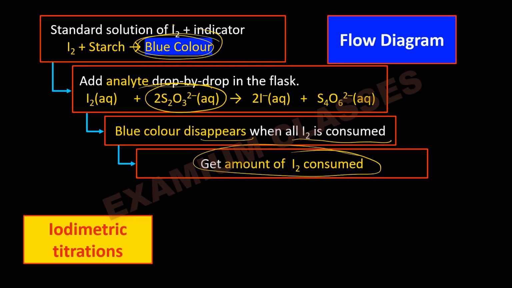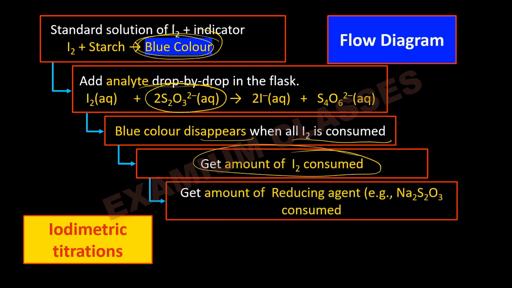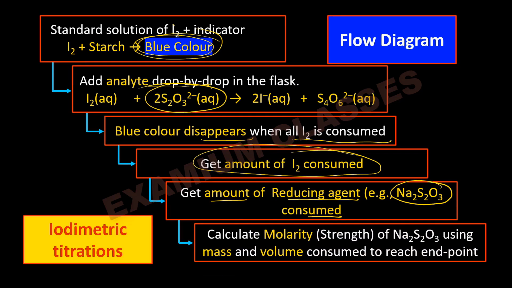That is known quantity. From that we get the amount of reducing agent, for example sodium thiosulfate consumed. How do we get? By the reaction between iodine and sodium thiosulfate. After that we calculate the molarity, that is the strength of sodium thiosulfate using mass and volume consumed to reach the endpoint.